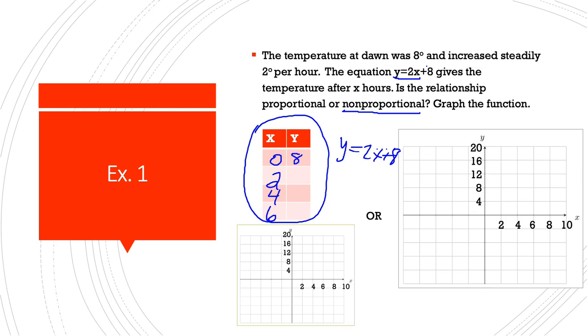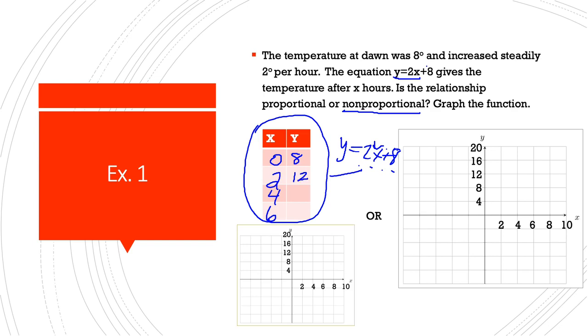Okay, so if I plugged in 0 for x, 2 times 0, and then added 8, I would get 8. Okay, so now we're just going to move on to our next x value that we chose at random, and it's 2. So come over here, and we're going to plug it in. 2 times 2 is what? 4 plus 8 is 12.